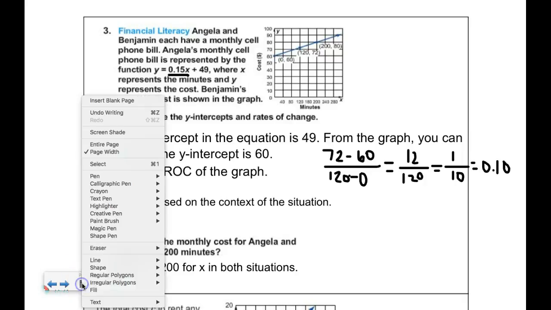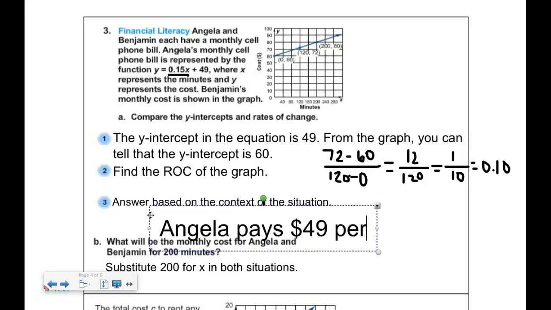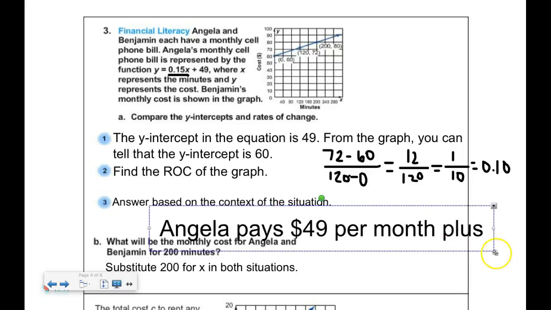And hopefully within the context of cell phone bills, it really makes sense, because a lot of you probably are either paying for your own cell phones by now, or at least you see what the bill looks like. So answer based on the context. Angela pays $49 per month plus 15 cents per minute.